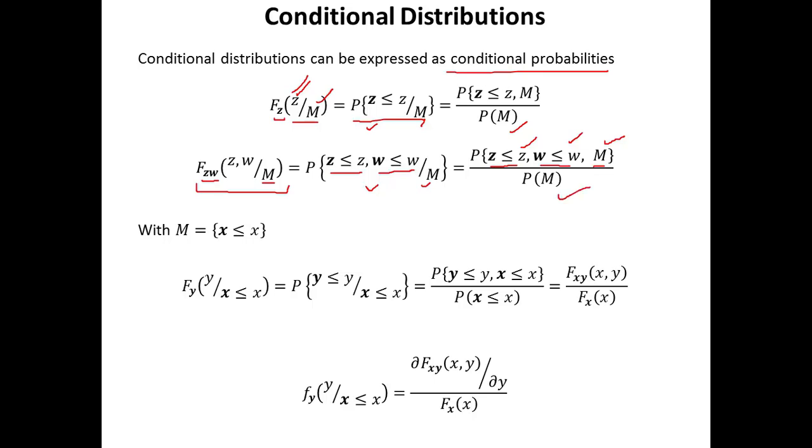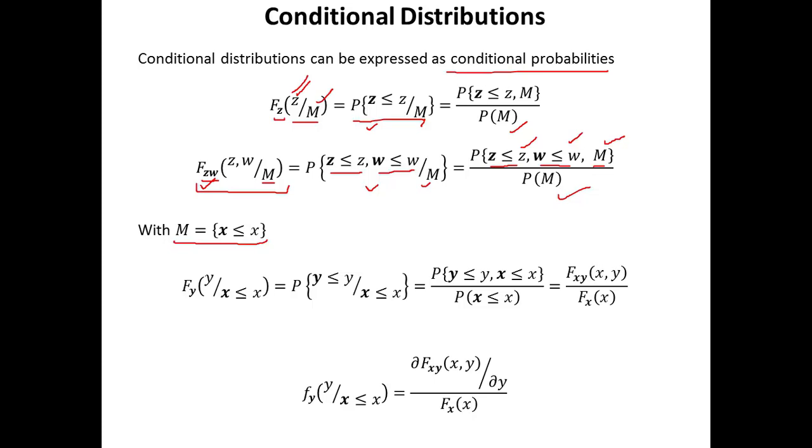In this manner we can easily define the conditional distribution for one random variable Z, or the conditional joint distribution for two random variables Z and W. Now in this definition, let us consider that event M is defined as X less than or equal to x.